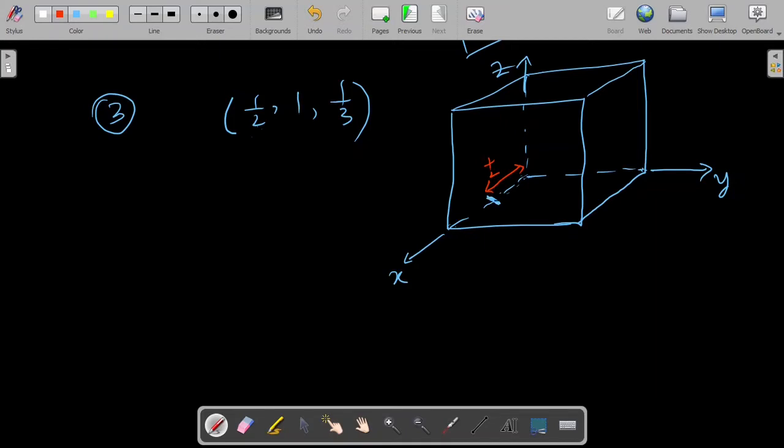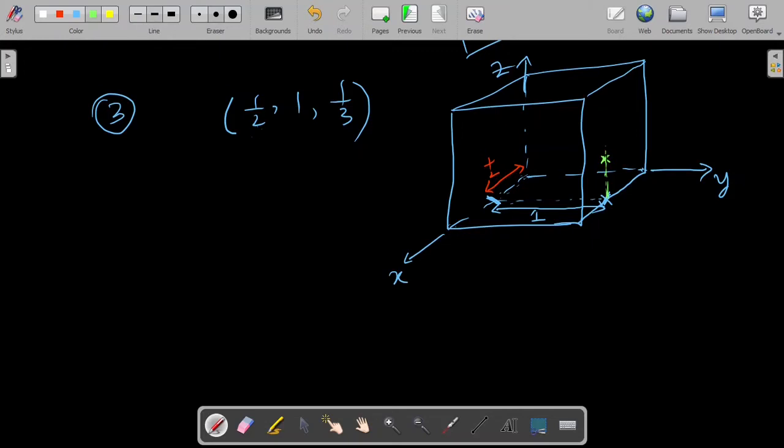Then along y, you go 1. So you come here. And then along z, you go 1/3. So that's much is 1. And then along z, you go 1/3.